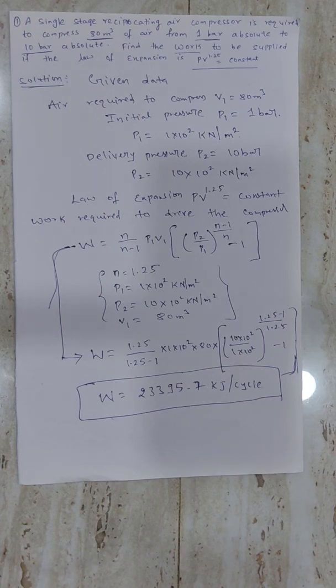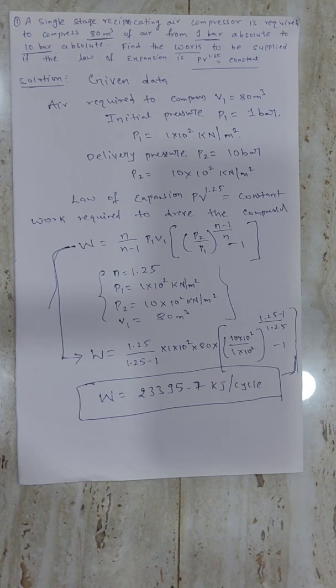He has given the volume of 80 meter cube of air, and the pressure will be from 1 bar to 10 bar. He asked to find the work done if the law of expansion is PV power 1.25 equal to constant.